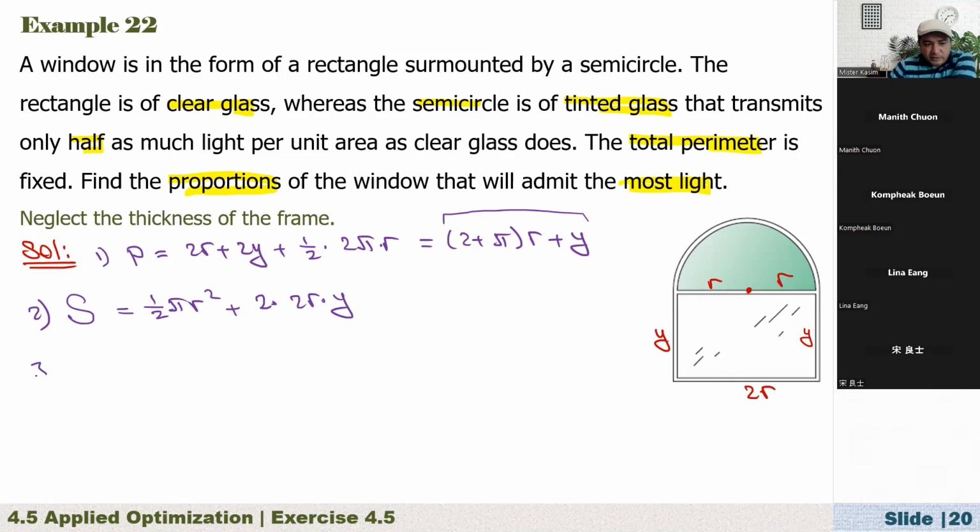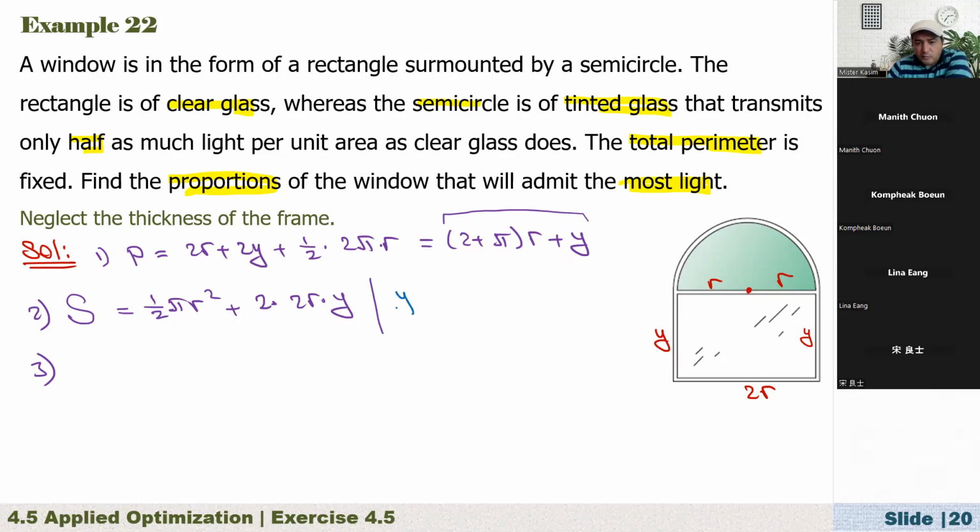Number 3, to do this, first we have to differentiate this. And of course, I cannot do this directly, because we have 2 variables. If there are 2 variables, I have to differentiate with respect to R or with respect to Y. So using the first part, I'm going to express Y in terms of R. From the first equation, P is equal to this.